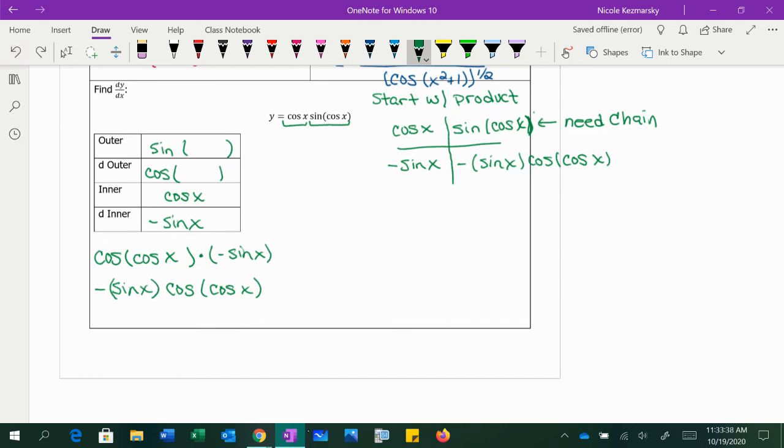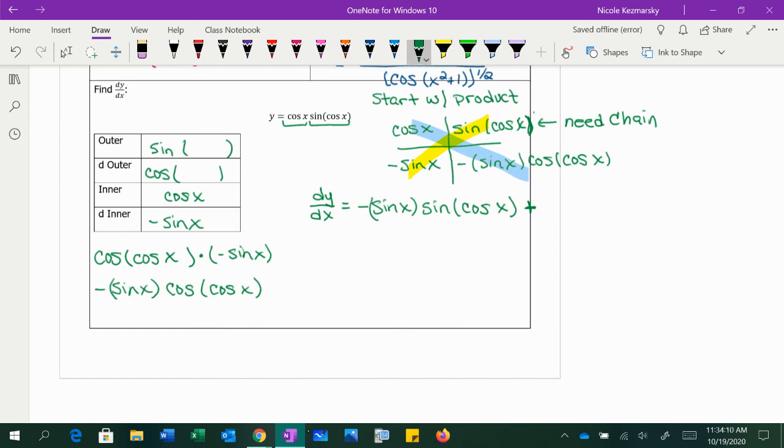And the instructions said find dy dx. So I'm going to say dy dx. And I'm going to do my product rule box. So I'll start in the lower left-hand corner. And I will say negative sine of x times sine of cosine of x plus, then I'll do the other diagonal, and that'll include my chain rule.